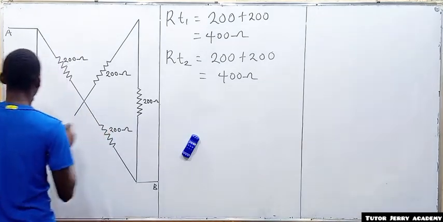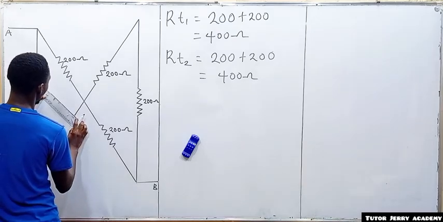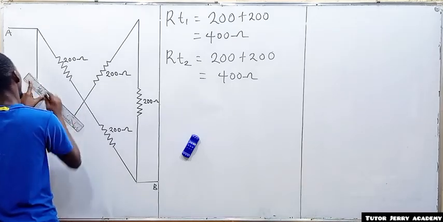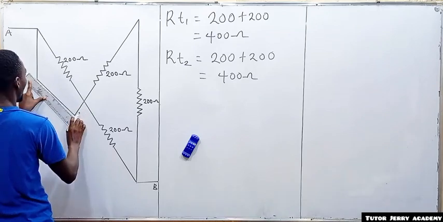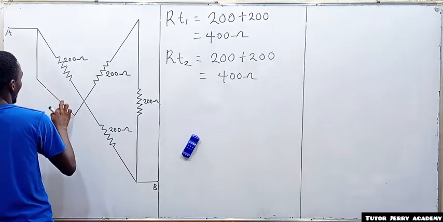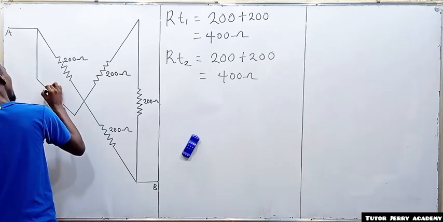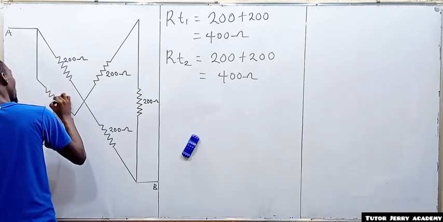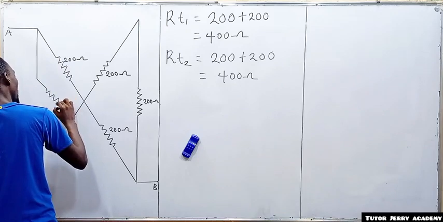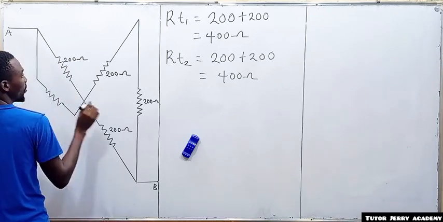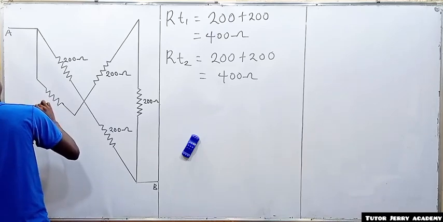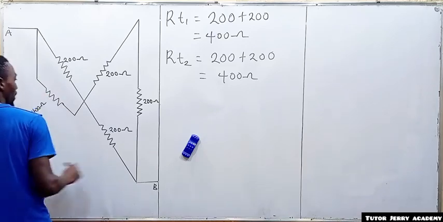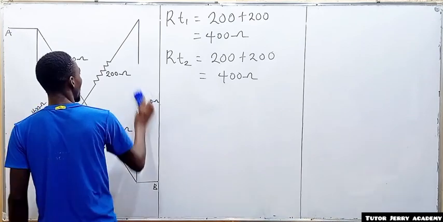So I'm going to have something like this here. We are going to have 400 ohms here. Let's connect this one directly as well.